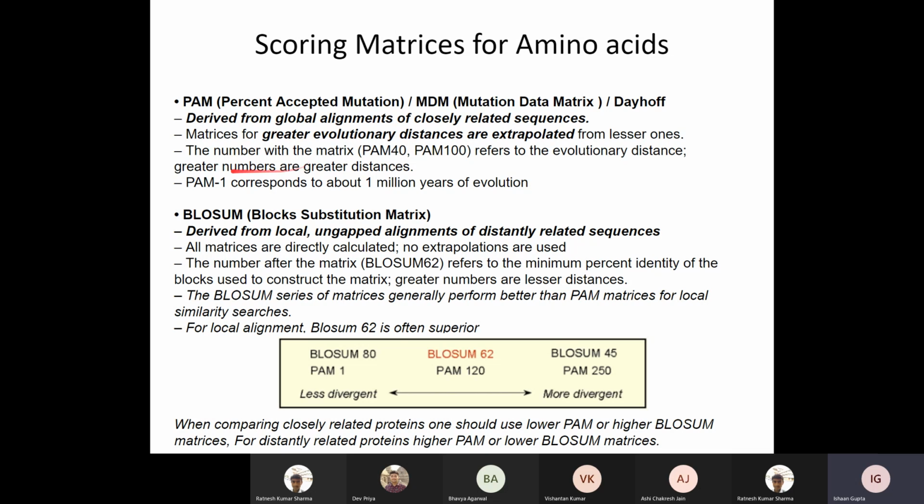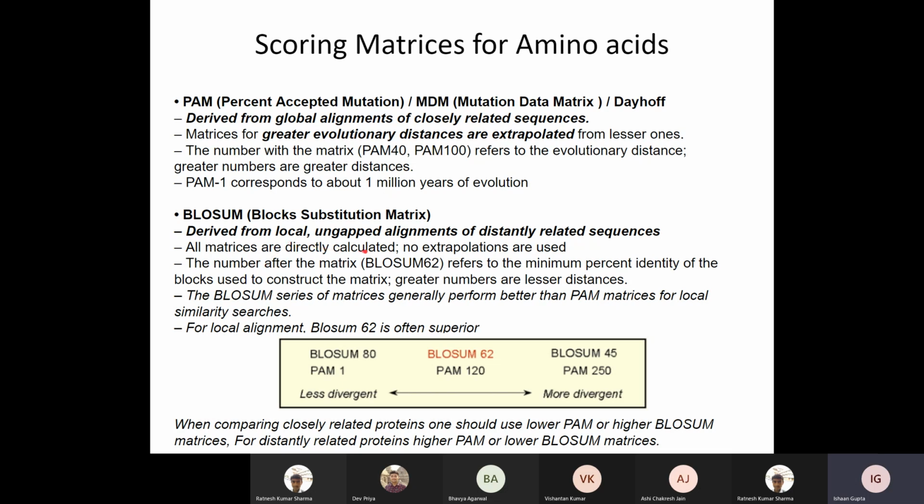So you start with, say, PAM1, which represents protein sequences that are similar between organisms, representing 1 million years of evolution. And now you multiply it by itself to extrapolate to larger evolutionary distances.